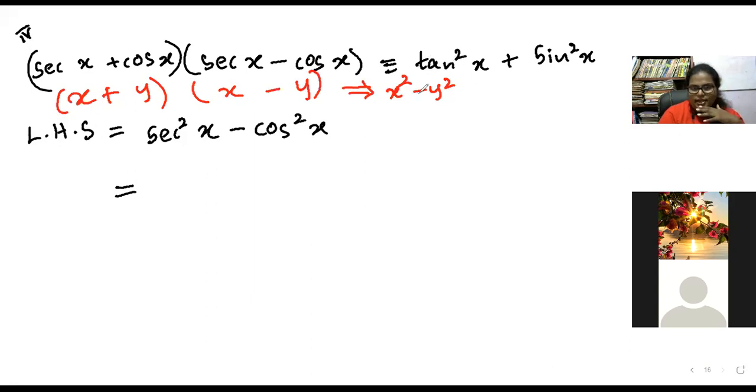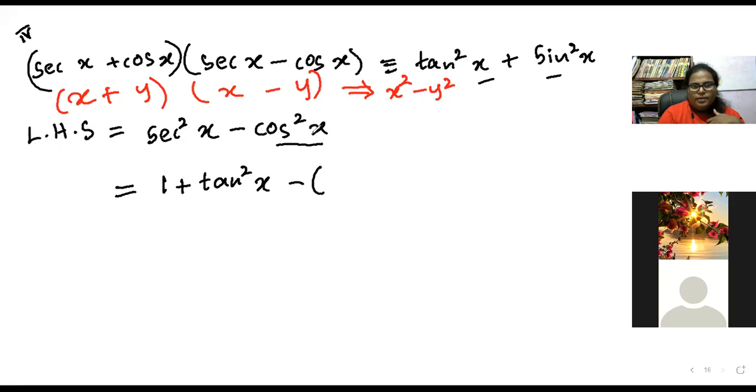It is given in terms of tan and sine. So here you know that we can convert this sec square x in terms of tan. So it can be replaced by 1 plus tan square x. As well, we can convert this cos term into sine also.